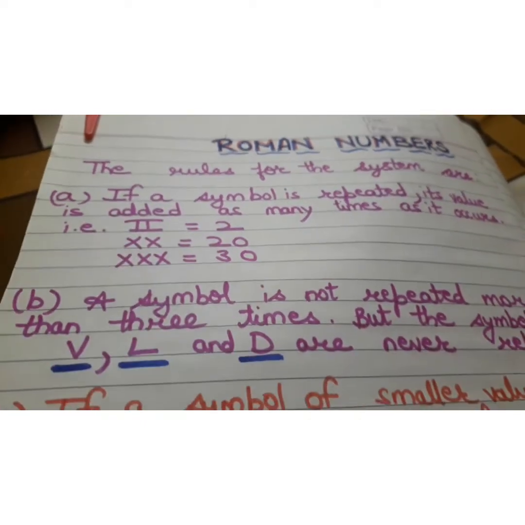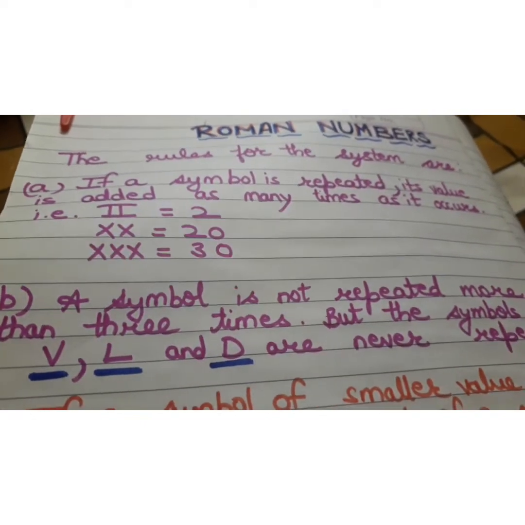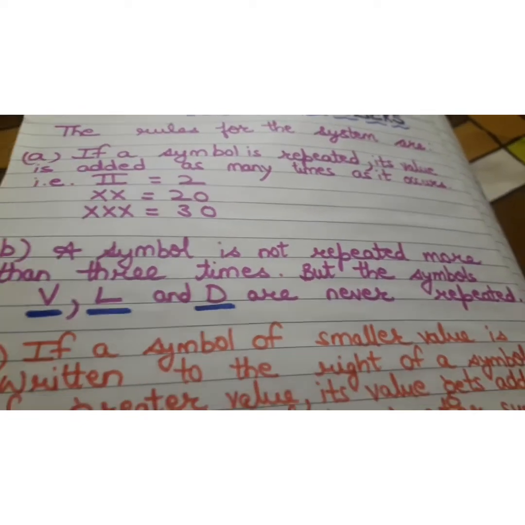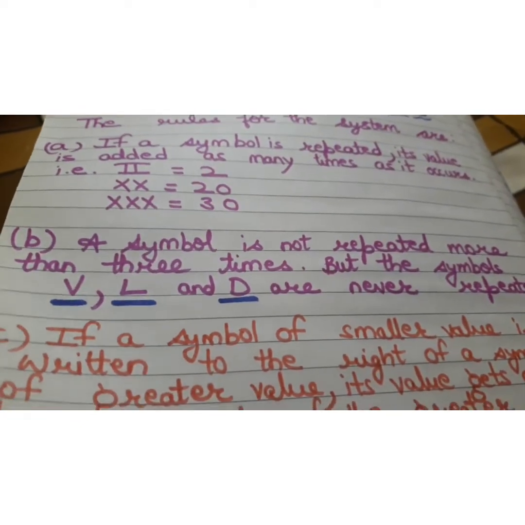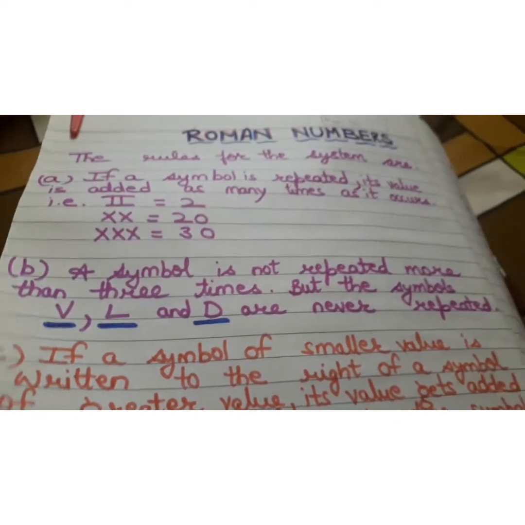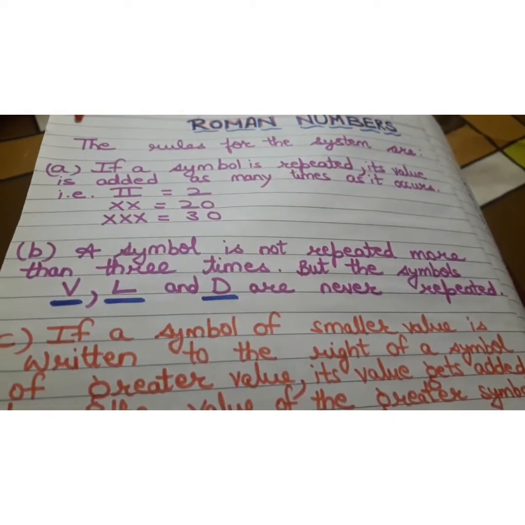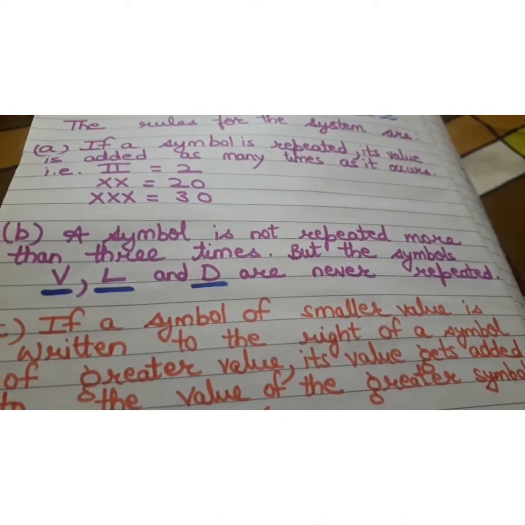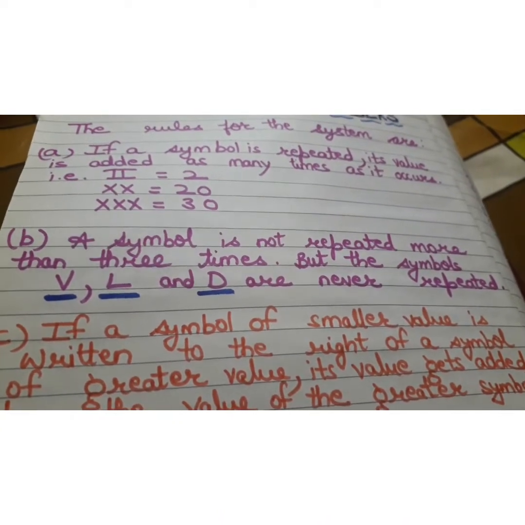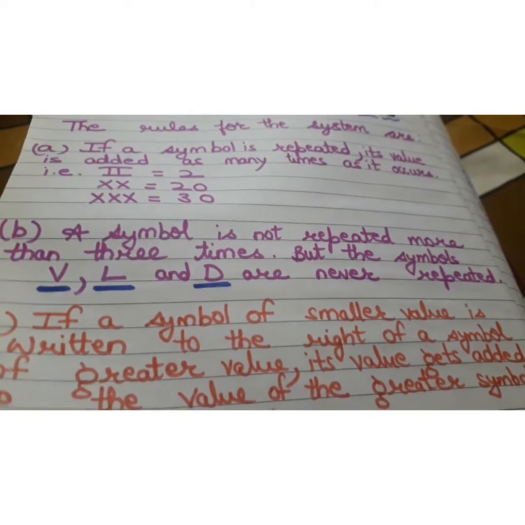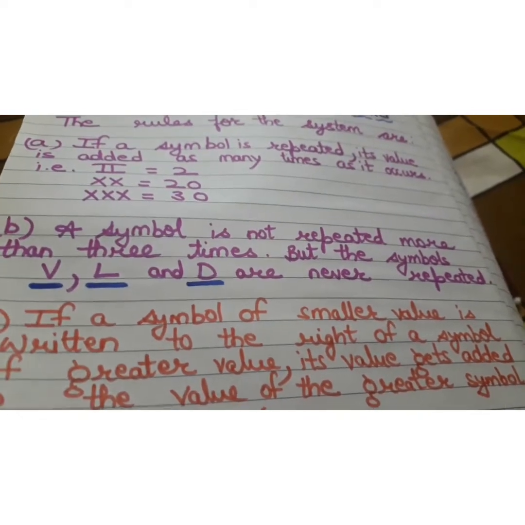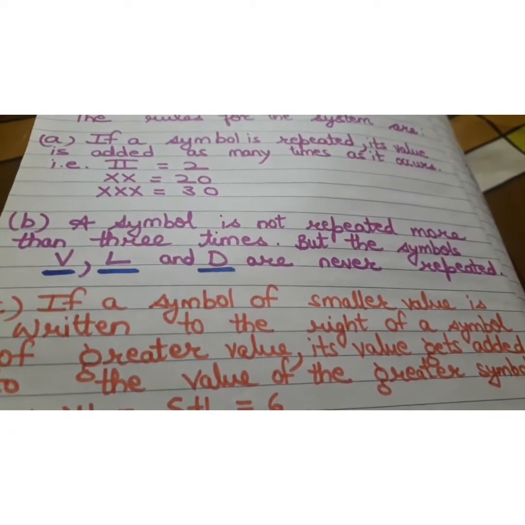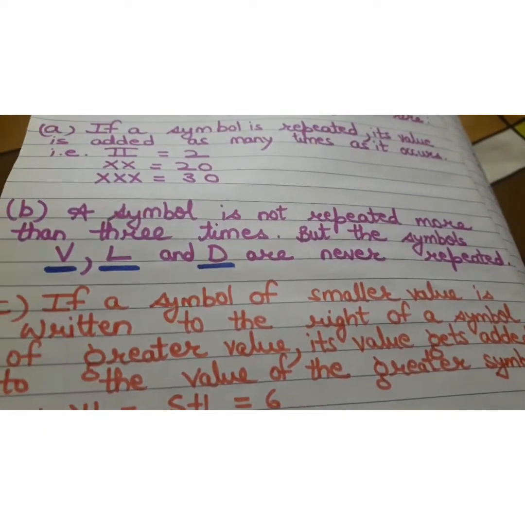The second rule is that a symbol is not repeated more than 3 times, but the symbols V, L, and D are never repeated.